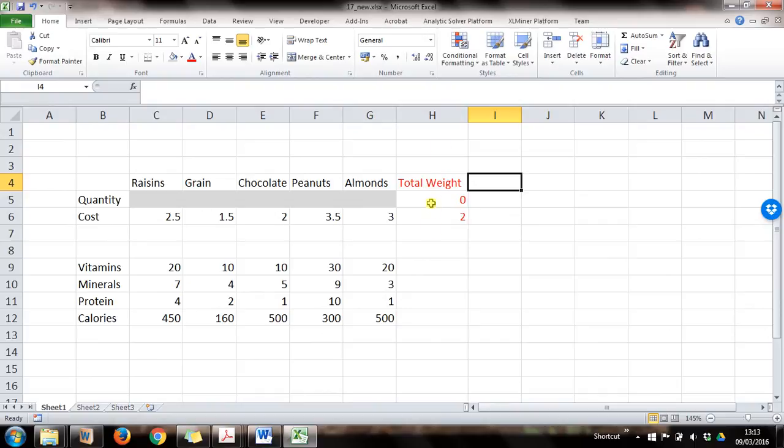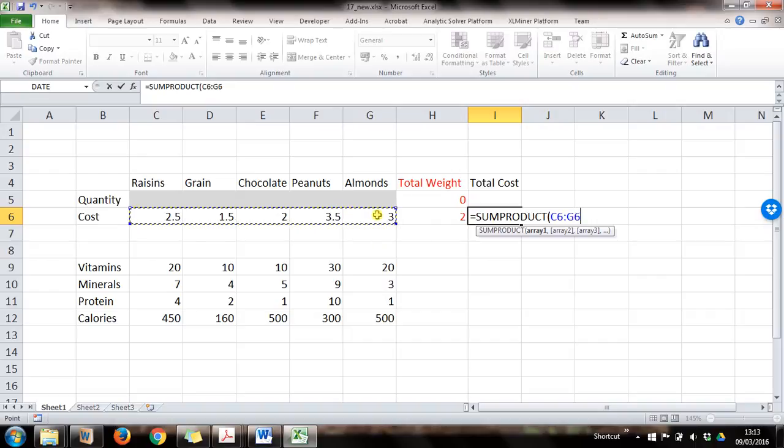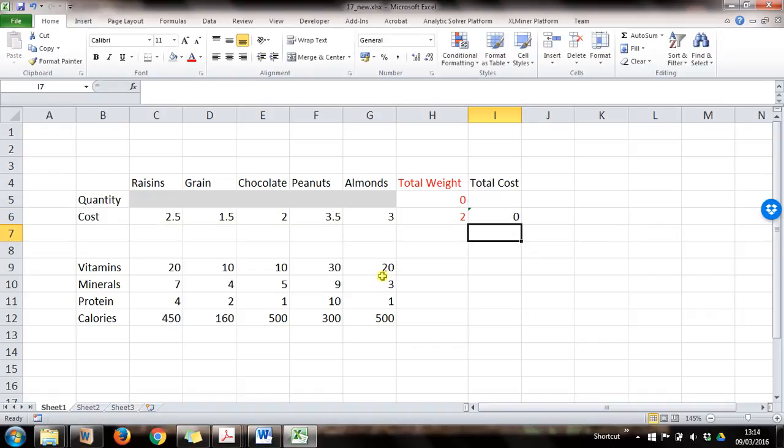And the objective is the total cost, which equals the sum product of the cost of each component multiplied by the amount of each component used. So this is our objective.